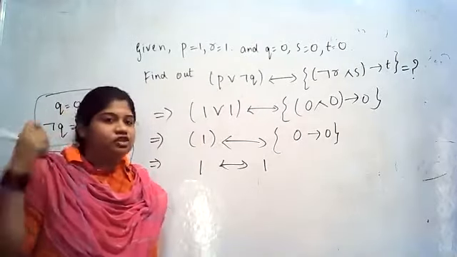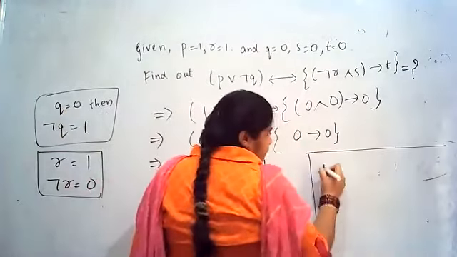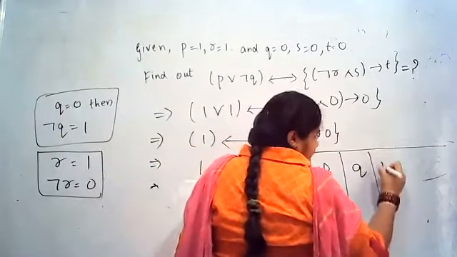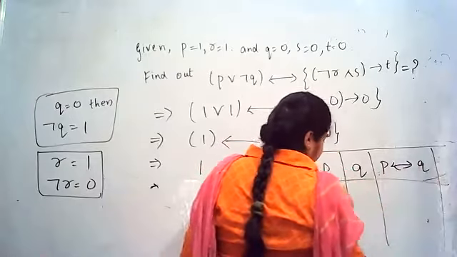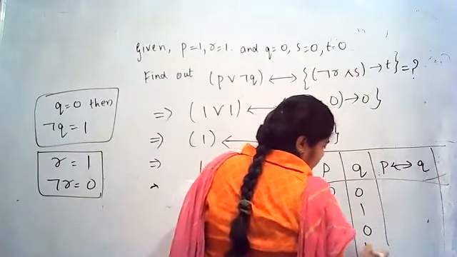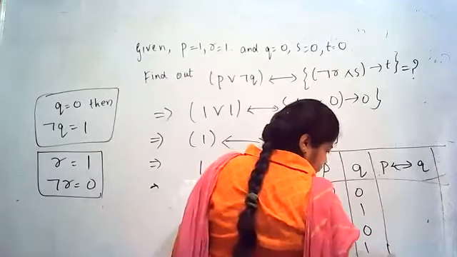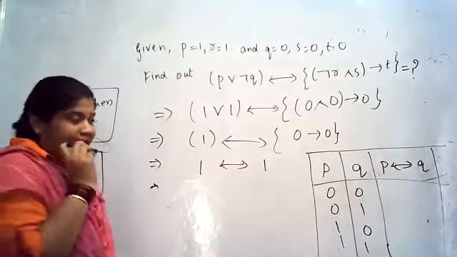Now biconditional. I'll just write biconditional because many people have forgotten. P biconditional Q, truth values 0 0 0 1 1 0 and 1. What is actually P biconditional Q?